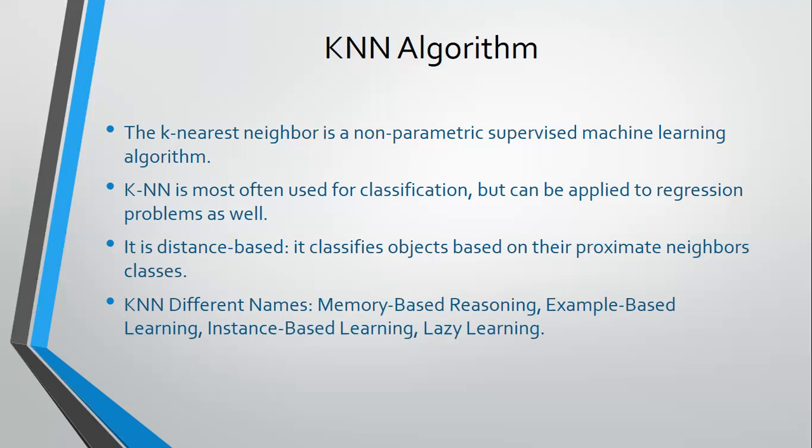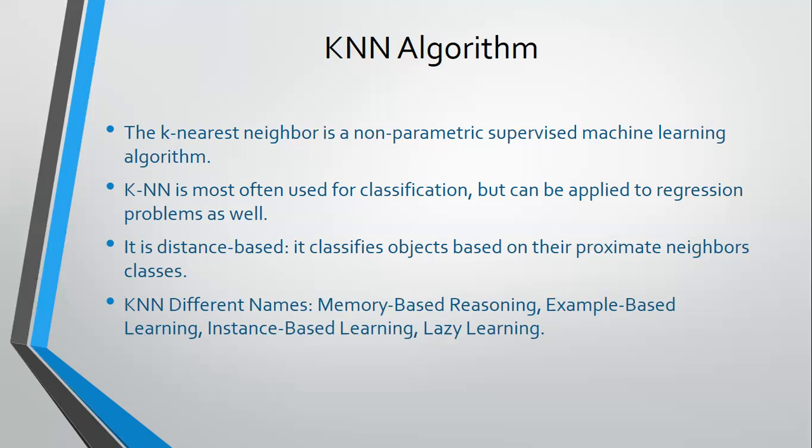Coming to distance-based measures, there are three types that can be used here: Euclidean distance measure, Manhattan distance measure, and Minkowski distance measure. Any of these three we can use, but mostly researchers use Euclidean distance based classification.